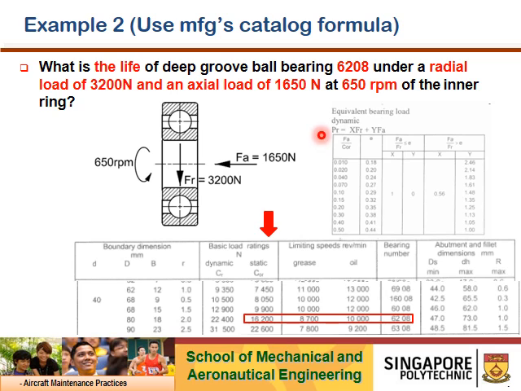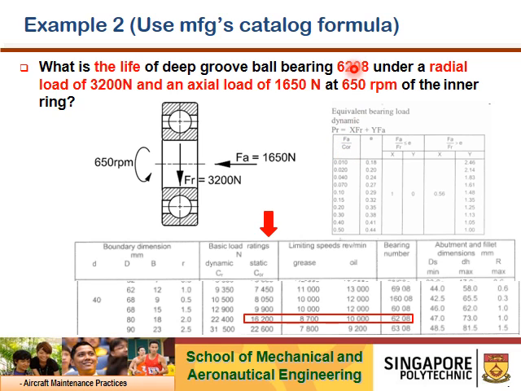So I mentioned earlier, you need to find your PR using the chart here, which is appendix A3-2. So the first column states that you need to have FA over COR. I know my FA is 1650 Newton, but I do not know my COR. So where do I get this COR? Very simple.